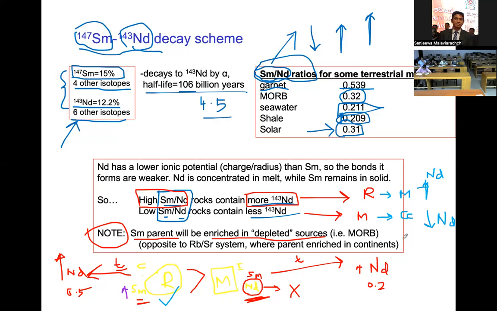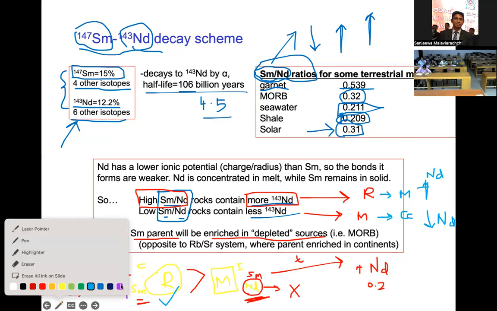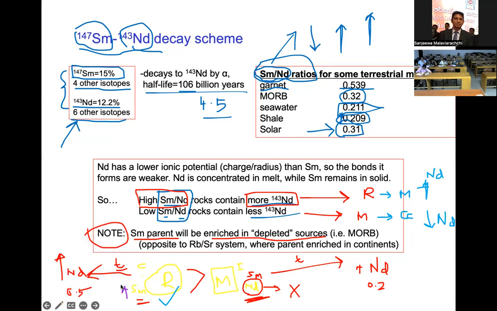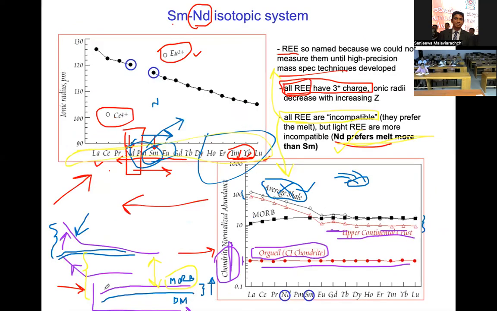Okay, so in the sense, regarding the usage of the term depleted in the samarium neodymium isotopic system, remember, the higher the neodymium isotopic value, the more depleted, because we consider the mantle a depleted product, so that's why we see this type of behavior.